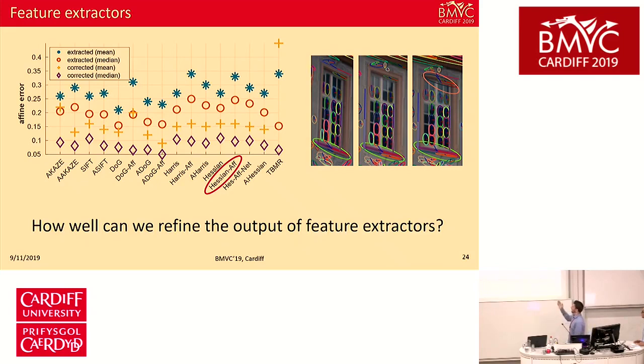Then after refinement it has, for example, worse error because we don't have robustification in our method just yet. So it's not a clear comparison, but just to show the trend that we were able to improve on them.